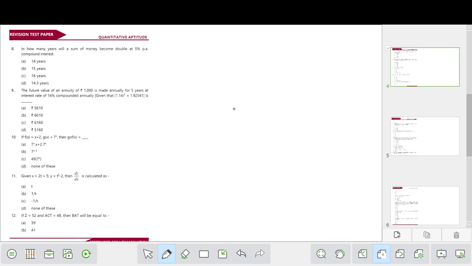How many years will it take for a sum of money to become double at 5% compound interest? So amount is equal to 2 times principal. It is also equal to P into 1 plus R to the power n. So 2P is equal to P into 1 plus R to the power n.